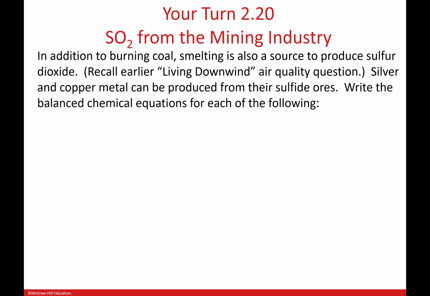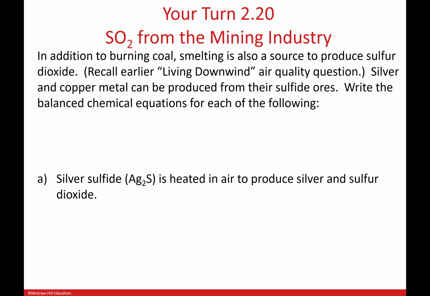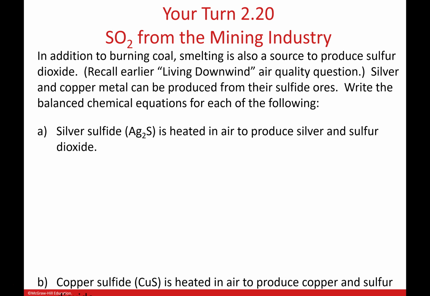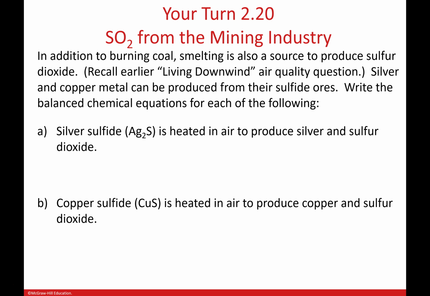Now we're going to do follow-up questions to that. For both of these, you take these words and make them into a chemical reaction. For the first one, silver sulfide, Ag2S, is heated in air to produce silver and sulfur dioxide.